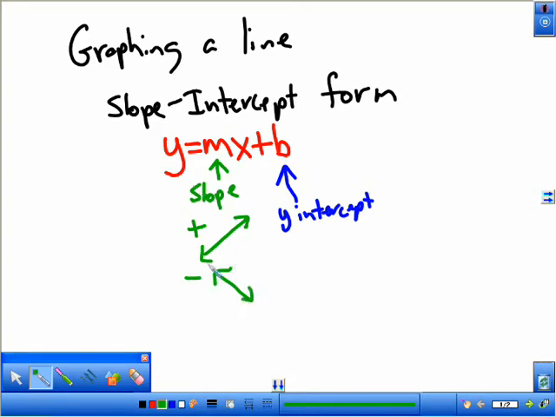This is also learned as rise over run. So this is a model here to allow you to see the characteristics when you have an equation in slope-intercept form. Now you can use this as a tool to allow you to graph, and I'll show you how we do that. Okay.